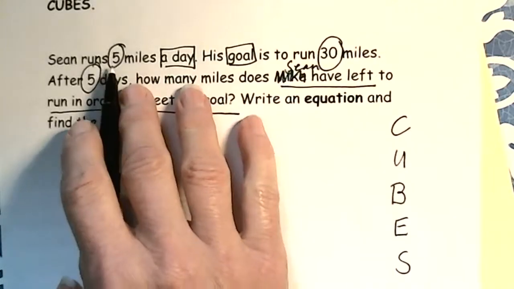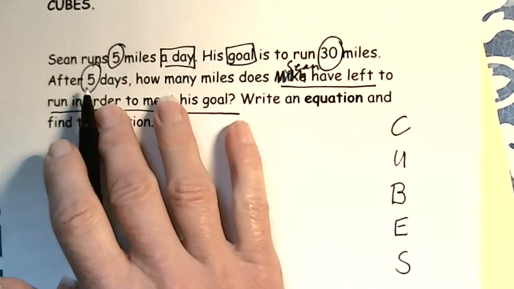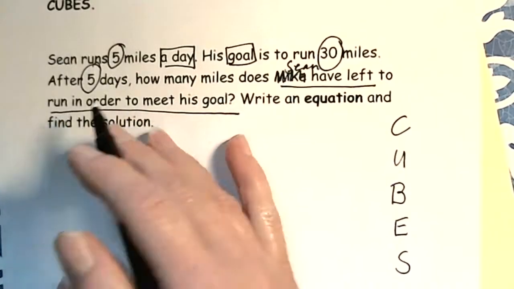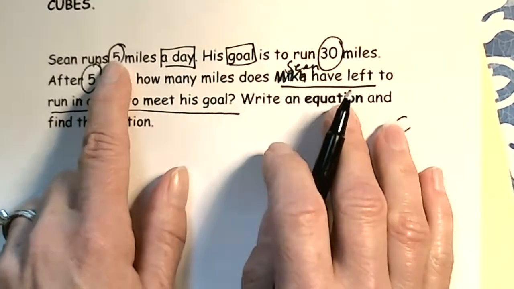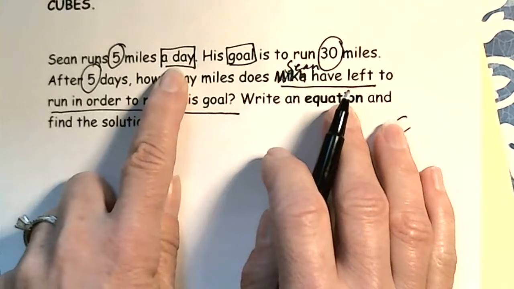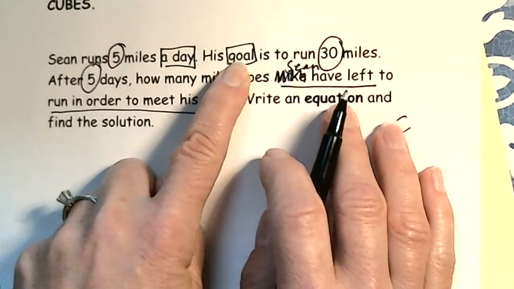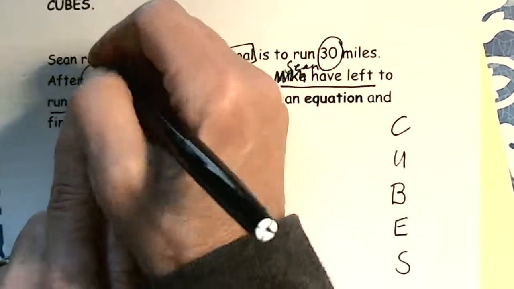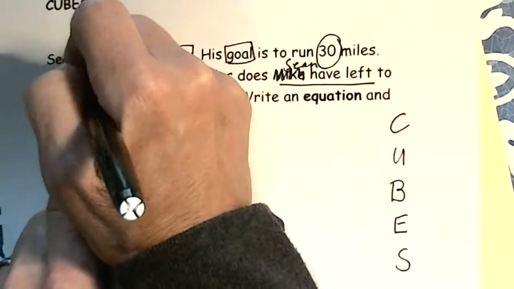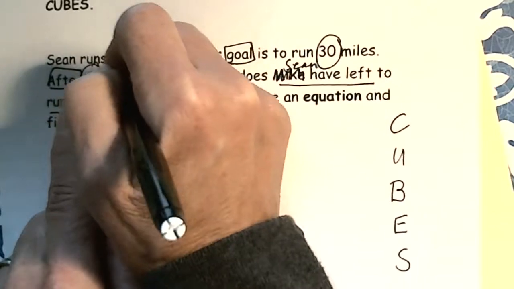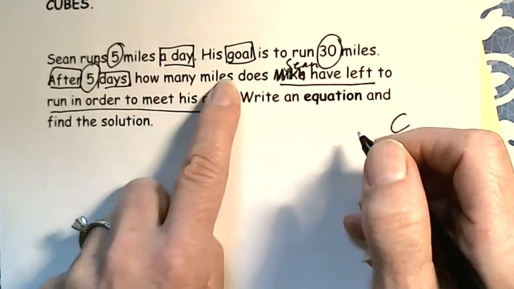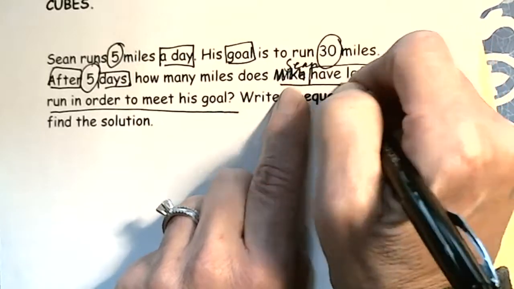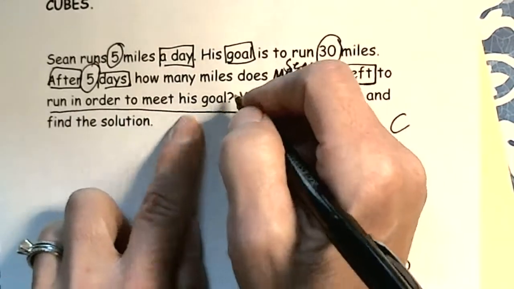So I circled the 5, the 30, the 5. I underlined the question. I'm going to box, and I already boxed that he runs 5 miles a day, and his goal is to run 30 miles. After 5 days, how many miles does Sean have left to run in order to meet his goal?